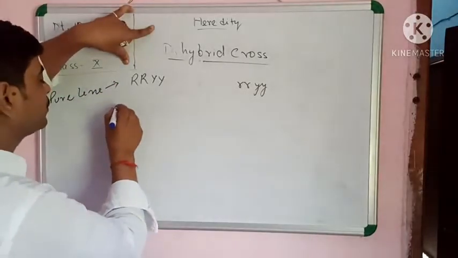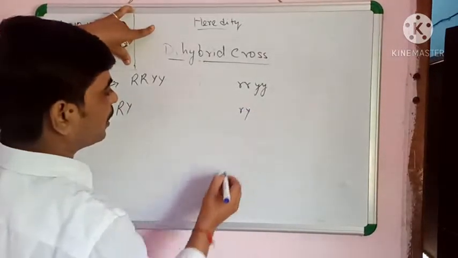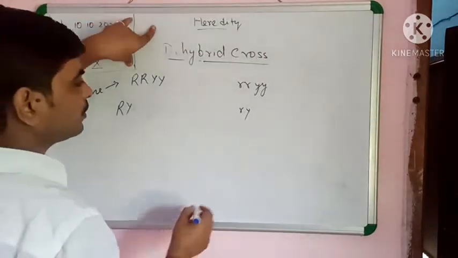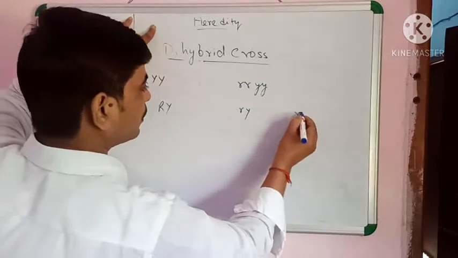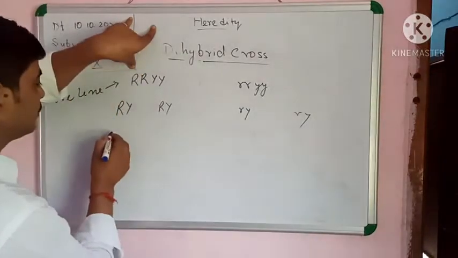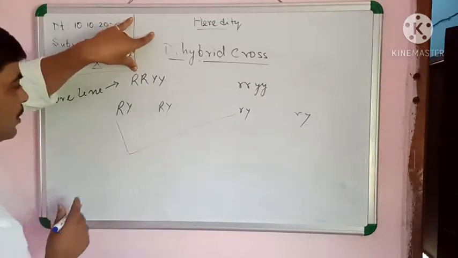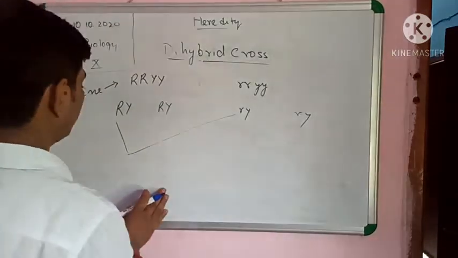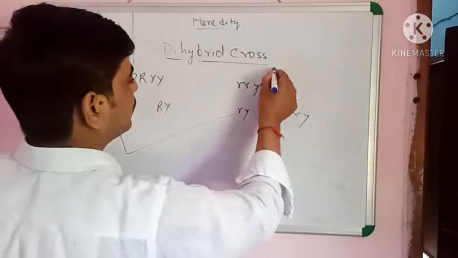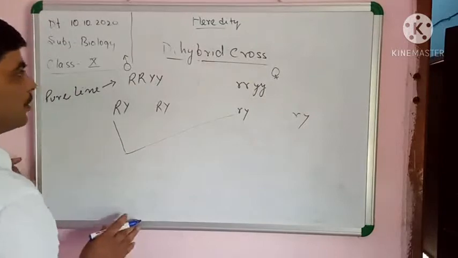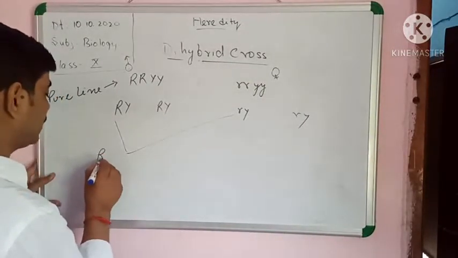Gametes are formed: RY as previously, RY. What will be the result if this breeds with this one? Suppose this is male and that is female. This is the sign for male and this is the sign for female. Now this breeds with this, what will be the result?